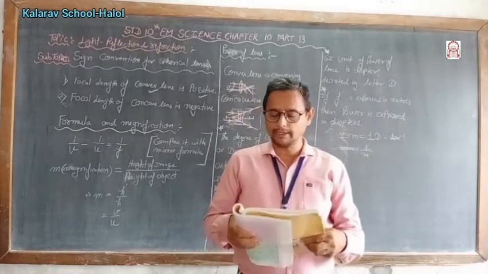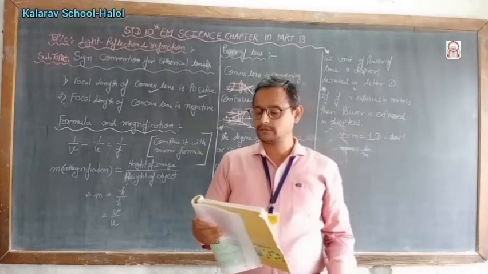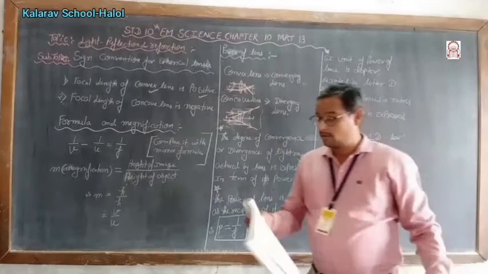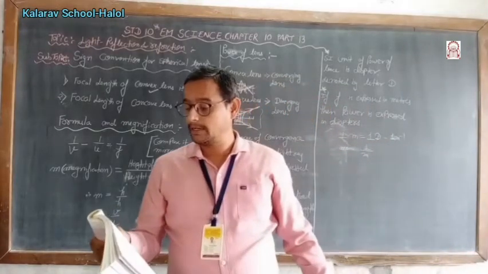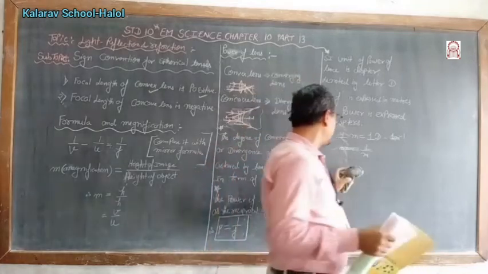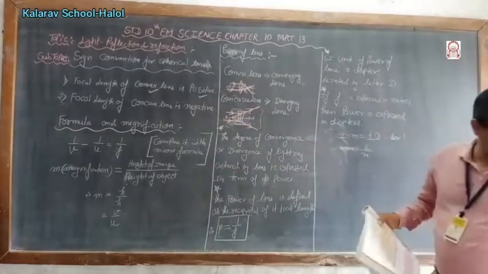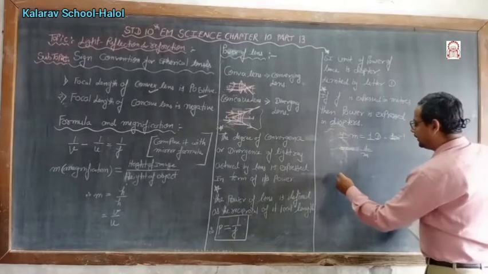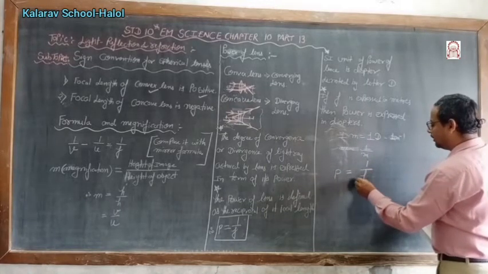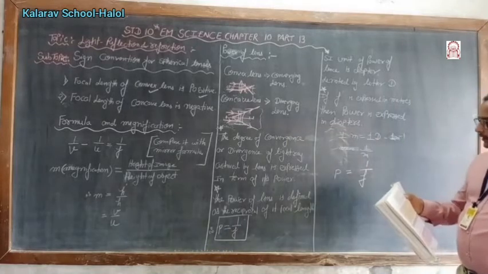The focal length of the lens is +0.50. Now the question is how it came. So here I am giving you the explanation. So you understand what is written here. P equal to 1 upon F. Is it clear?